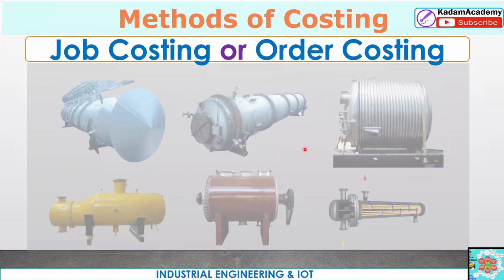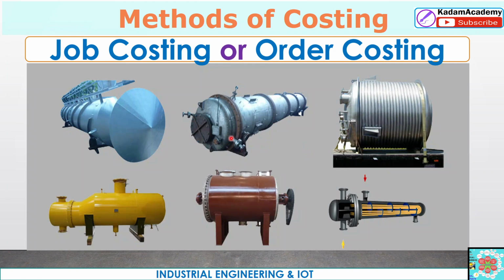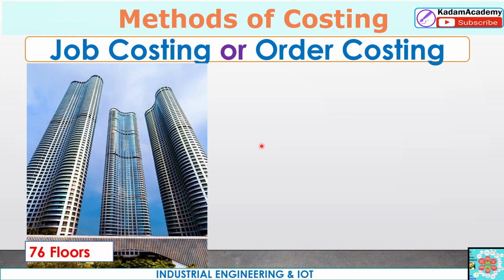Another type of job costing could be different types of equipment, machine manufacturing, or devices for chemical industries, boilers and heaters and process industry equipment. For this, we have to find out the cost of that particular job. It may also be building contracts, where buildings are developed under job costing.